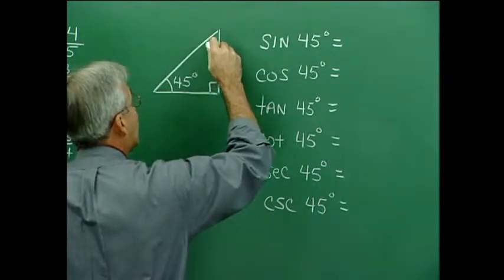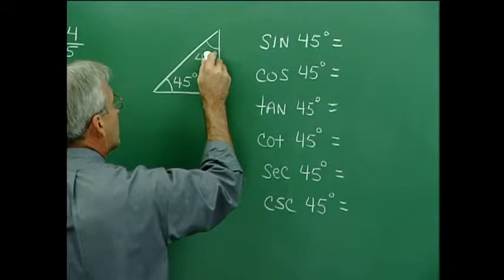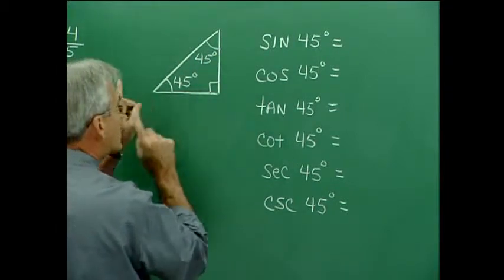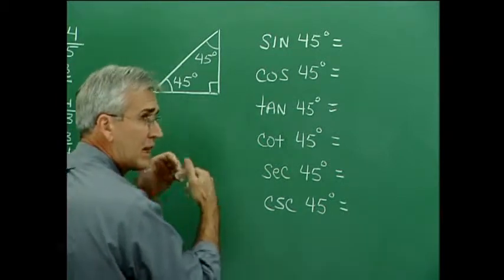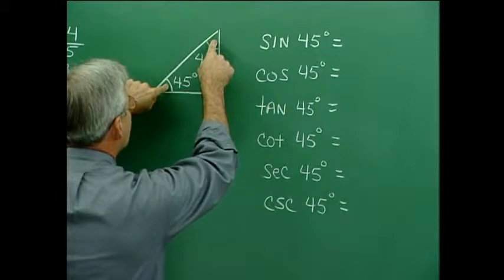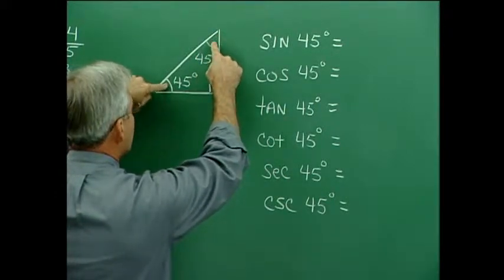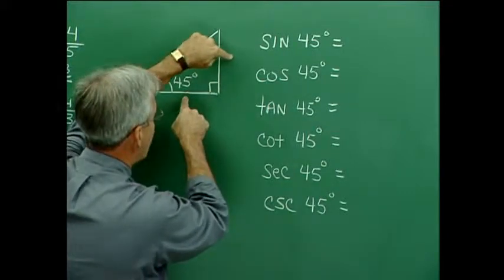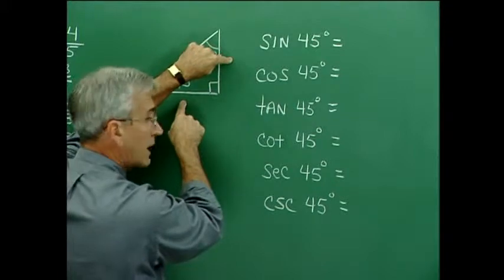Now, I'm emphasizing that idea because it gives us a special kind of right triangle, and that special kind of right triangle is isosceles. This is an isosceles triangle because two of the angles are of the same measure. Now, if the two angles are of the same measure, then the sides opposite those angles are of the same length. So these two sides have the same length.